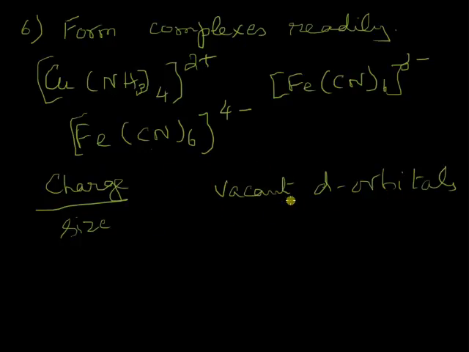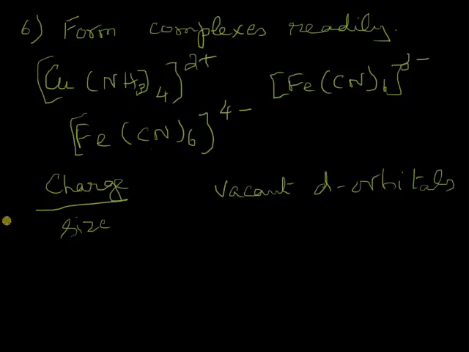Both these conditions are fulfilled in the case of transition metals. You know, the transition metal ions become smaller as we go from left to right. So the small size of the ions makes the charge by size ratio larger, and they also have vacant d orbitals in which the electron pairs can be accommodated. Hence, transition metals form a large number of complexes.